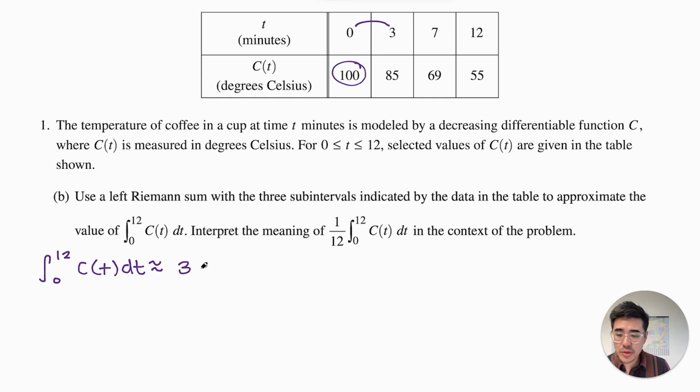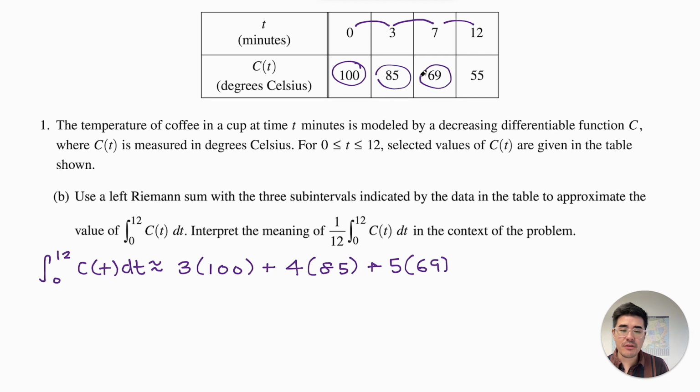So the width is 3, and the y value is 100. The next width is 7 minus 3, or 4, and the left height is 85. The final width is 12 minus 7, which is 5, and the height is 69.